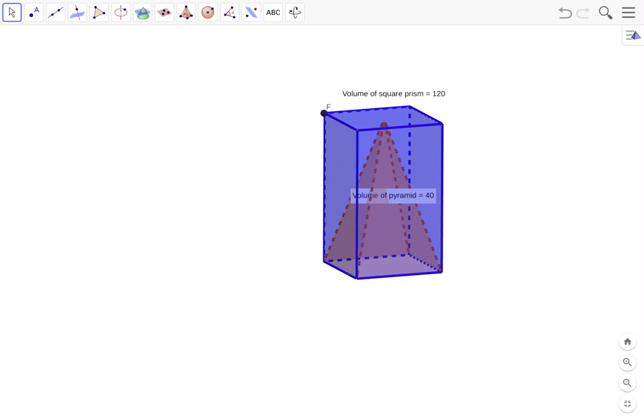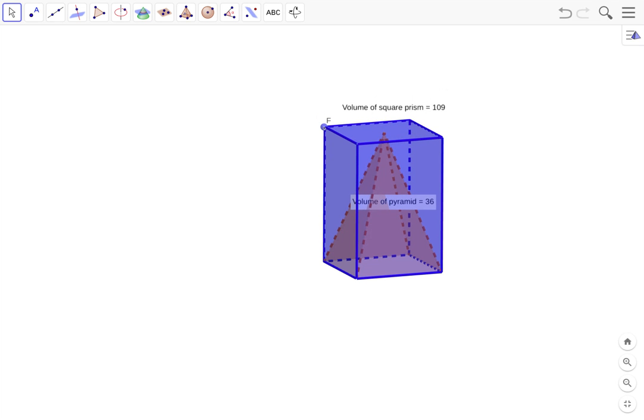Let's say we were in inches, 120 cubic inches. Notice that the volume of the pyramid is 1/3 of that. Just take the volume of the prism and divide it by 3, and you get the volume of the pyramid. So if we know how to find the volume of a prism, which is just the area of the base times the height, we just take 1/3 of that answer, and there's the volume of our pyramid.